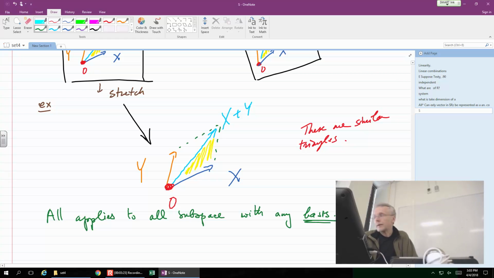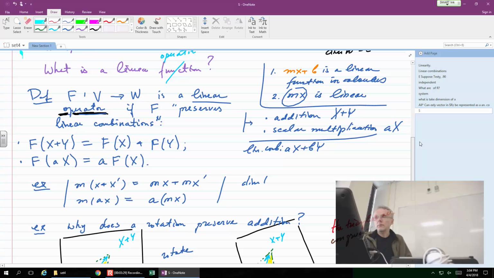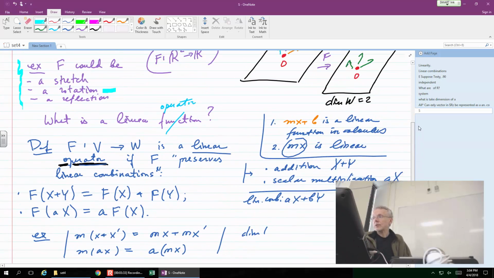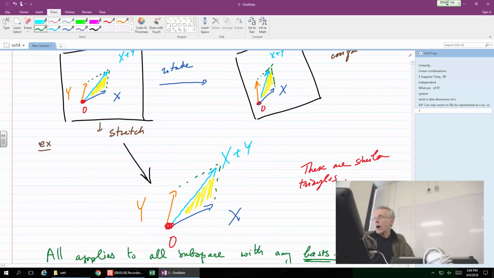Okay, remember every subspace can have multiple bases. All that has been described up to now, the definition of a linear operator, the examples of rotations to confirm that it is indeed linear, stretching, rotation, reflections, can all be described without referring to the basis.